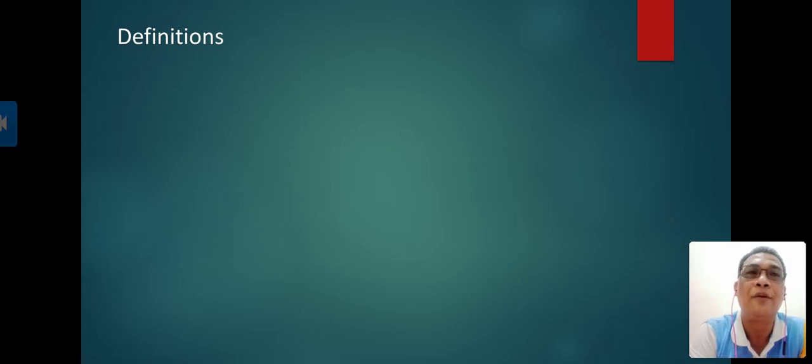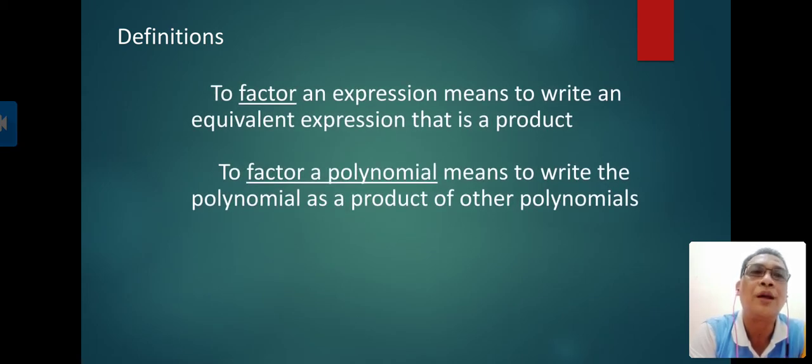Before we have our discussion, let me give some definitions first. To factor an expression means to write an equivalent expression that is a product.